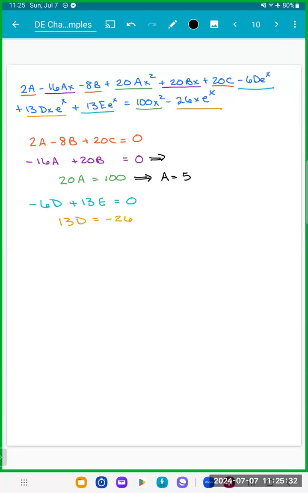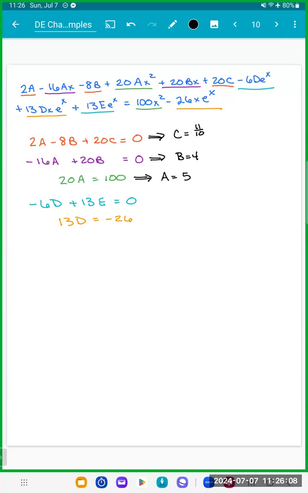If we do negative 16 times 5, and then shift that all around, we can get that B is equal to 4 by plugging that A into that equation. We can now plug A and B into this first equation up here. So 2 times 5 minus 8 times 4 plus 20c equals 0. When we solve that out, we get that C is equal to 11 over 10.